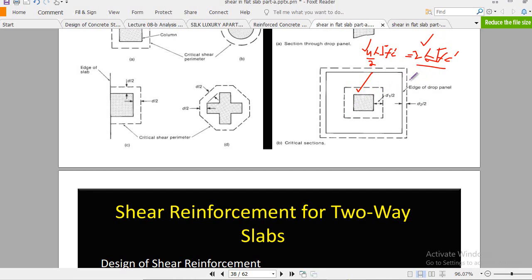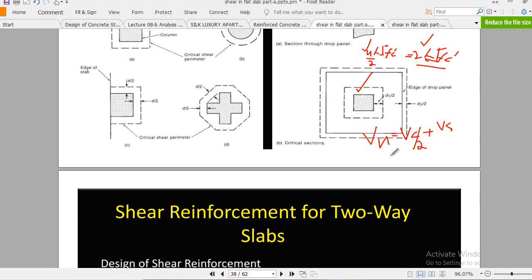It is due to the test results, which show that the value we calculated, as I already explained, with Vn as the sum of Vc plus Vs, is almost always higher than the test results. So the ACI code says you have to reduce this shear strength from 4 lambda to 2 lambda, meaning if you calculated Vc from 4 lambda, then you have to divide it by 2.